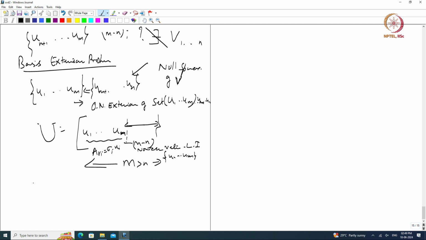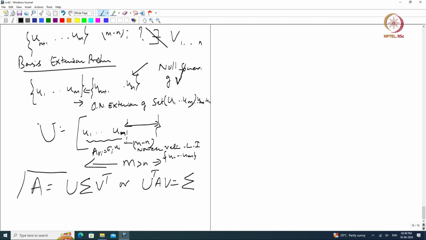So, now A is U sigma V transpose, or U transpose A V is sigma.